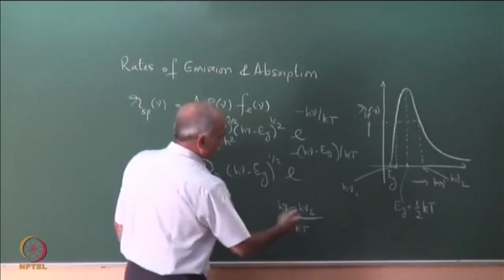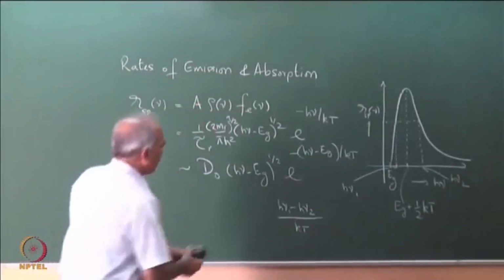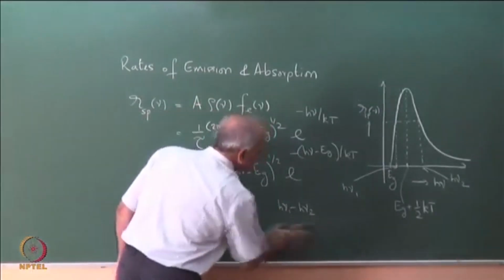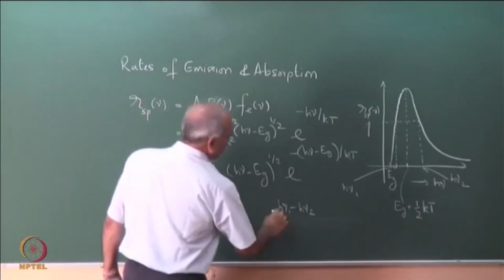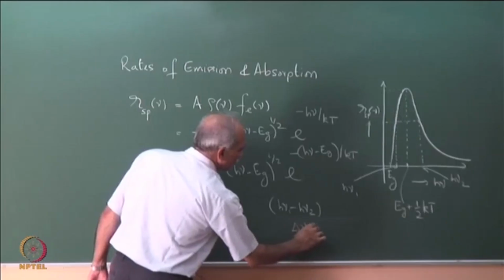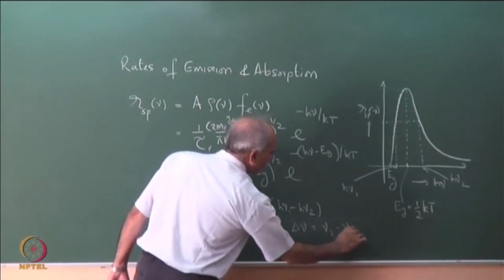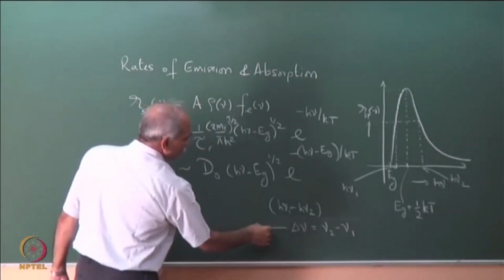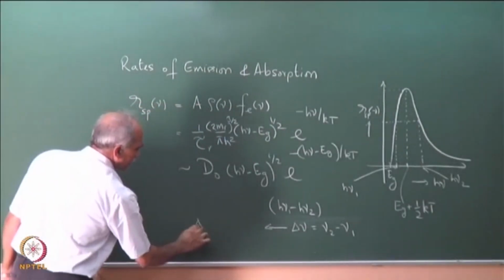So, h nu 1 minus h nu 2, and from this we can find delta nu equal to nu 2 minus nu 1, and once you know delta nu, you can find delta lambda, the line width.